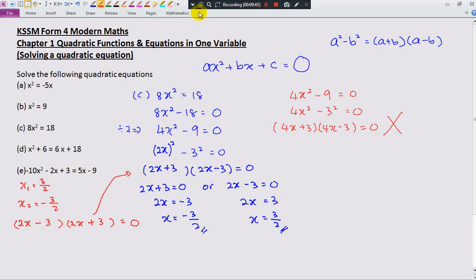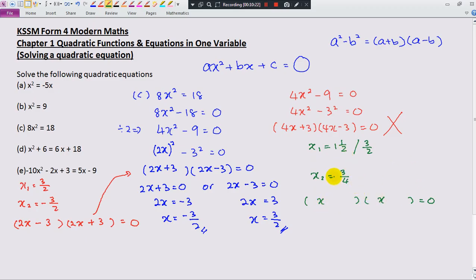Let me give you another example. If the calculator gives you this answer, for example, x1 equal to 1 and 1 over 2. X2 is, let's say, 3 over 4. So every time you see a mixed number, change it to an improper fraction. So we know this is actually equal to 3 over 2, right? So write 2 brackets, write the x, write the x.